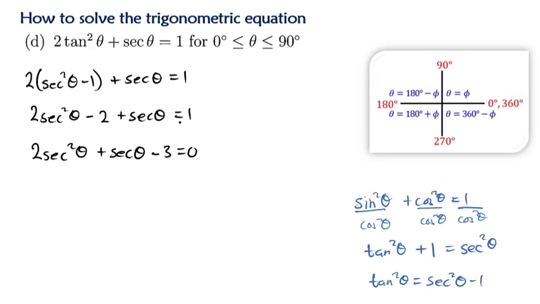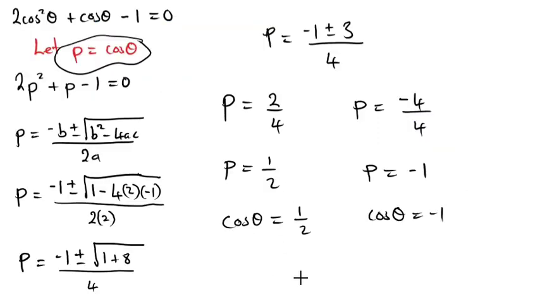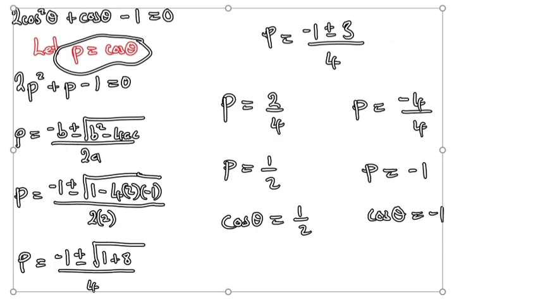So what we've formed here is a quadratic equation. So our job is to solve this particular quadratic equation. So let's do it here. The quadratic equation is 2 sec square plus sec minus 3 is equal to 0.